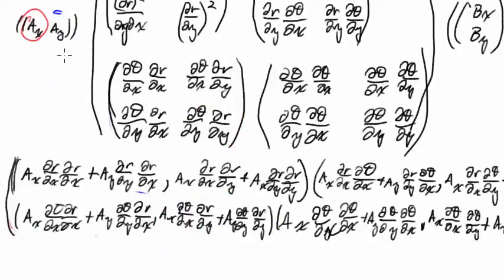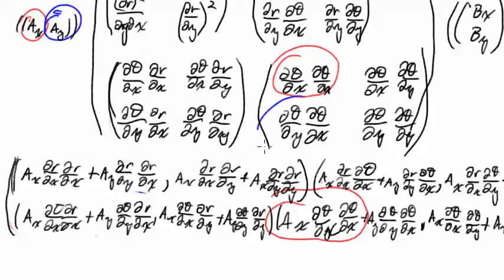Then a sub x times ∂θ/∂x ∂θ/∂x gives that, plus a sub y times ∂θ/∂y ∂θ/∂x gives that.